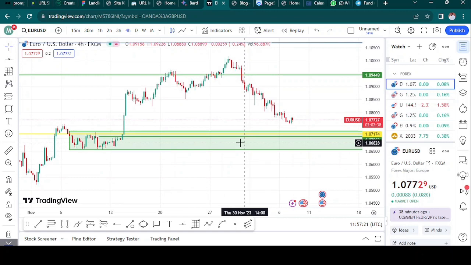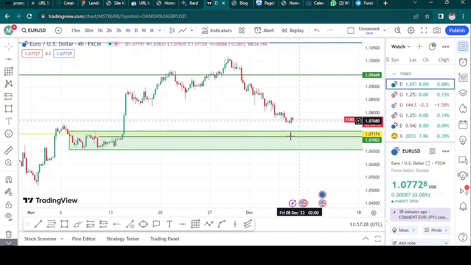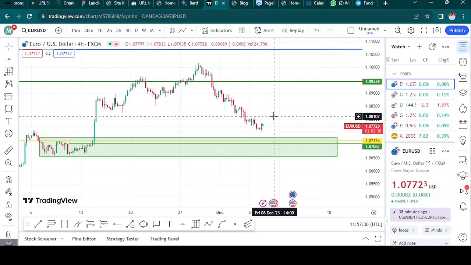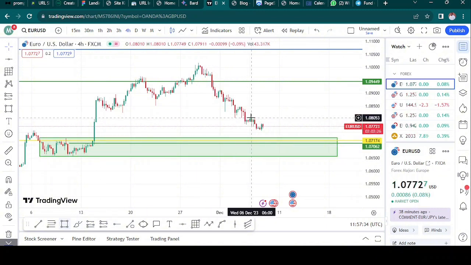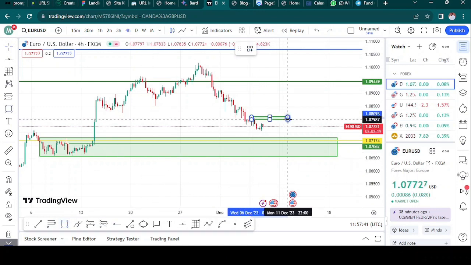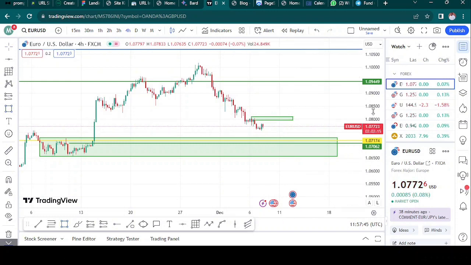Now you can see this is the big demand zone we have on the daily time frame. All right, so on this 4-hour time frame, do we have a resistance level? We have a resistance level right here. So let's mark our resistance level. Okay, so that's the resistance level.